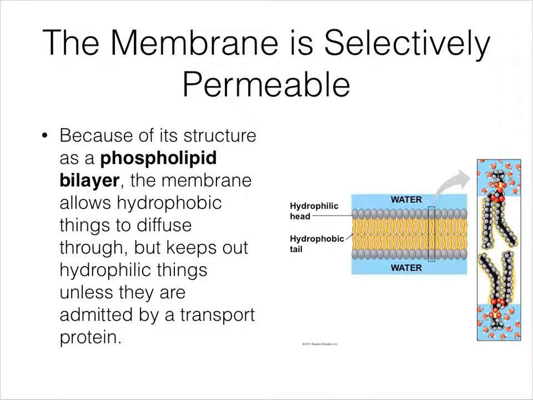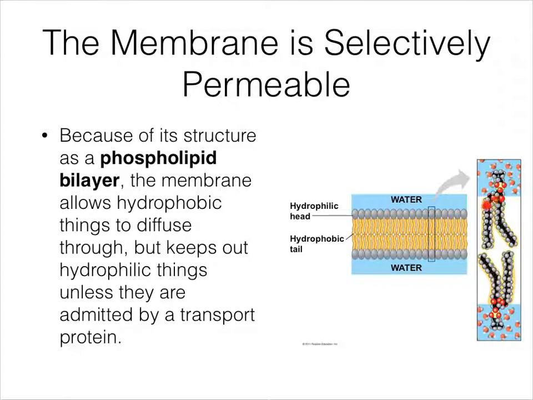To remind you what the plasma membrane is, the plasma membrane, which is found in all cells, is primarily composed of phospholipids. Phospholipids have two portions to them.